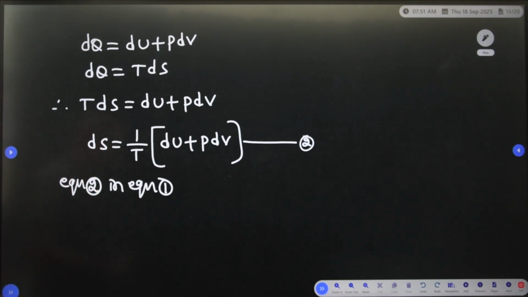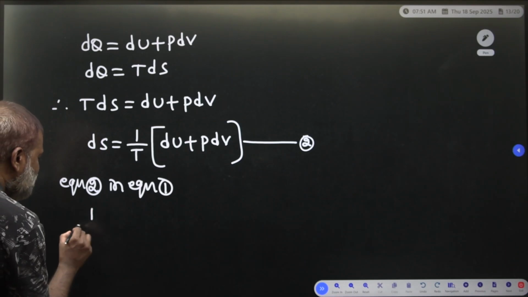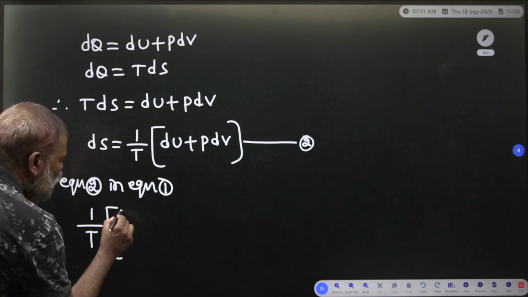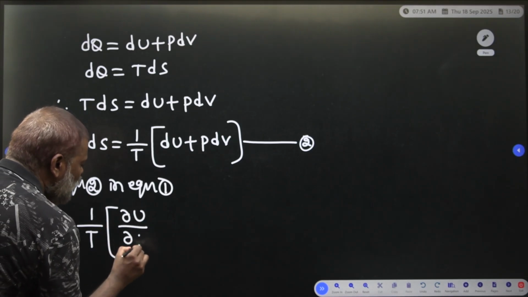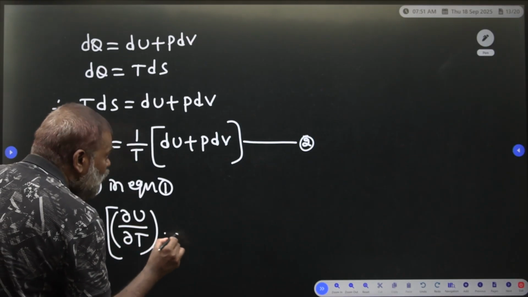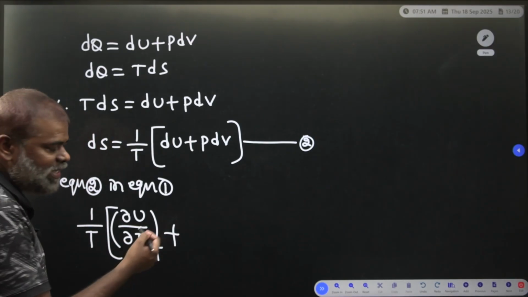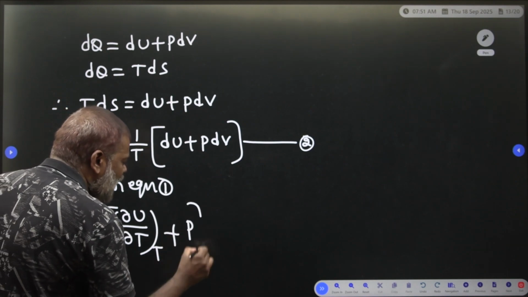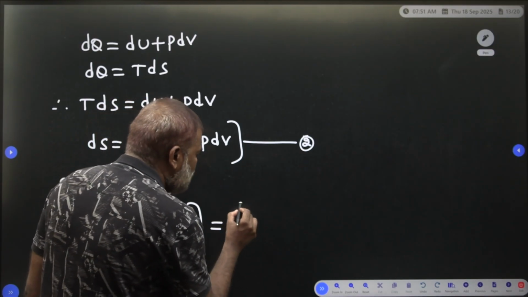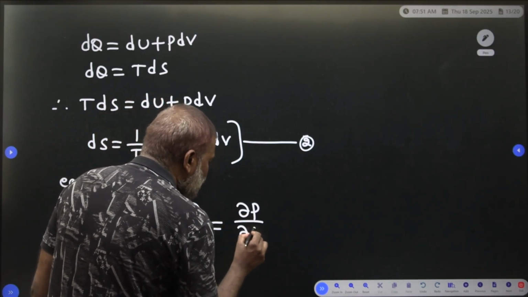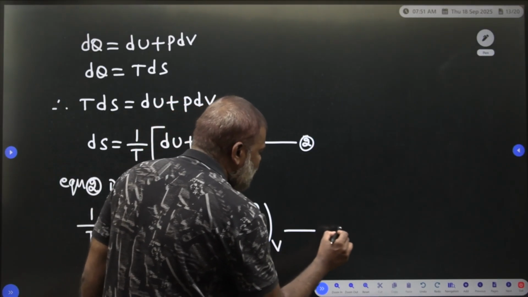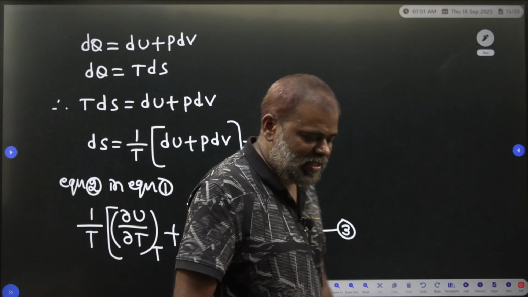Instead of dS you write (1/T) times ∂U/∂V at constant temperature plus pressure, and the ∂V terms cancel. You get ∂P/∂T at constant volume. This is equation number 3.